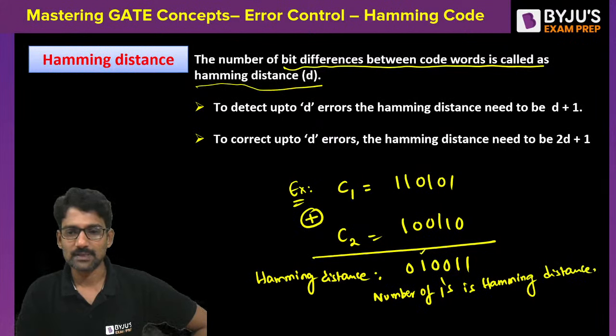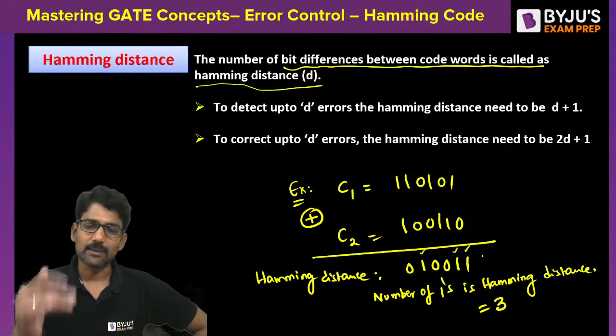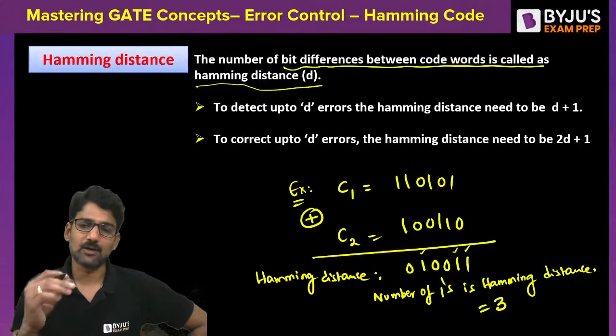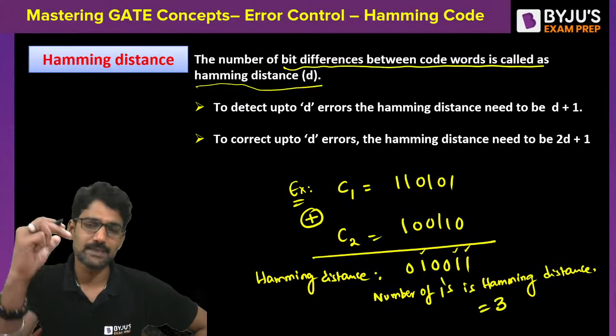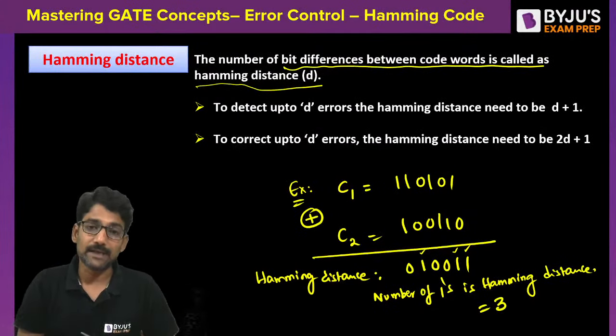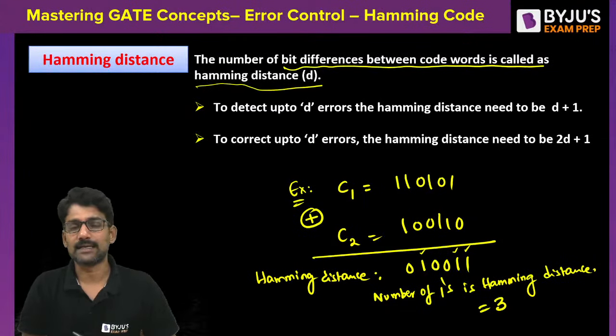So how many ones we have in this result, XOR result? 3. That means the number of bit differences, by how many bits any two code words differ, that is what you say Hamming distance. Let's say it as D.